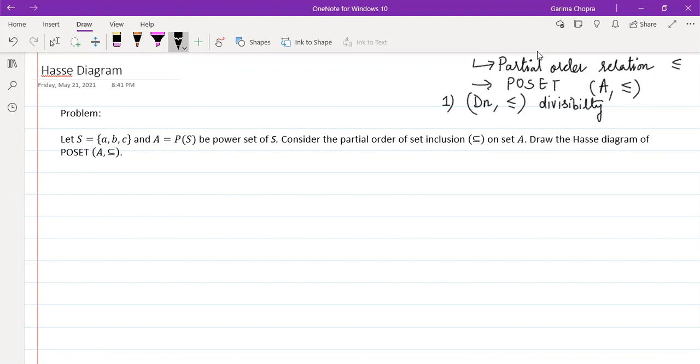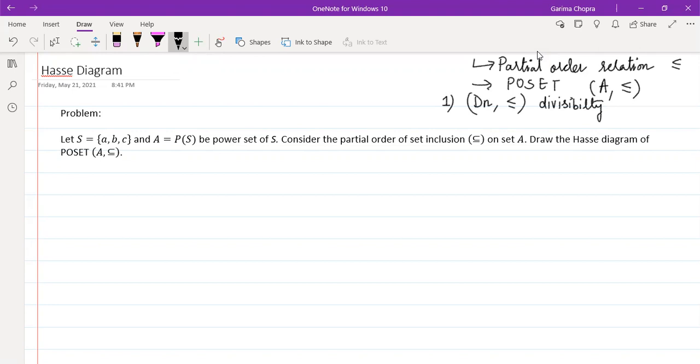Here we are going to take one more example of poset, and for that example we will be considering hash diagram also. Now, what is the hash diagram? Hash diagram is a representation. It is a way of representing the partial order set. It's a way of representing partial order relation.